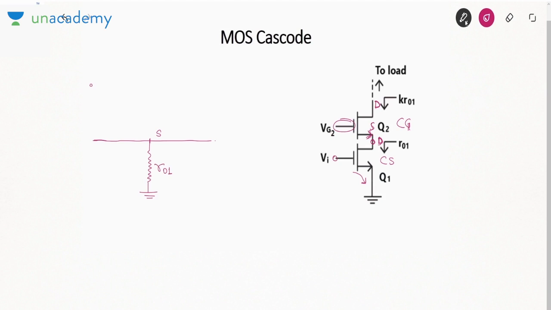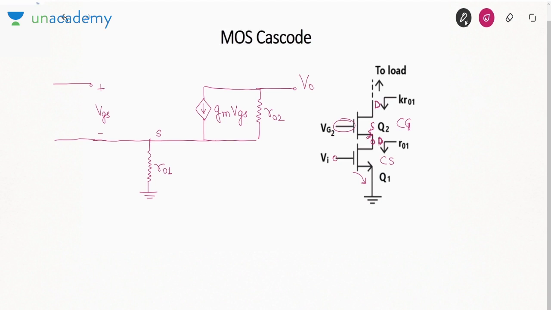Now between gate and source we will have a voltage VGS, and between drain and source we will have a current source GM VGS. In parallel with this current source, we will have the output resistance of the second transistor, that is R02, and this voltage will be V0.